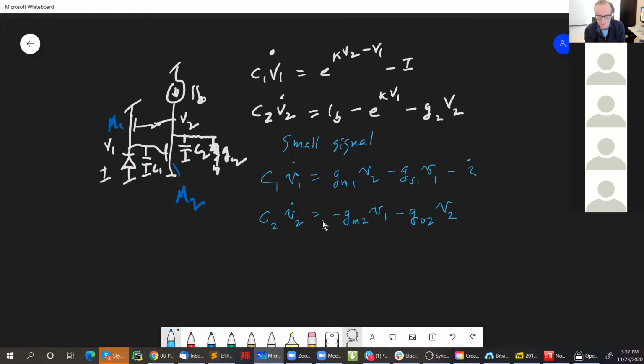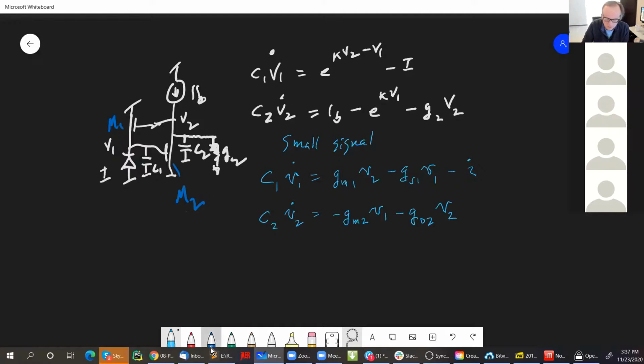Now, it may bother you that these GMs and so on don't have any real numbers on them, but you can compute all those numbers easily, given that you know what the current is. Once you have the current, then you know the transconductance for subthreshold. Like what's GO2, for instance?